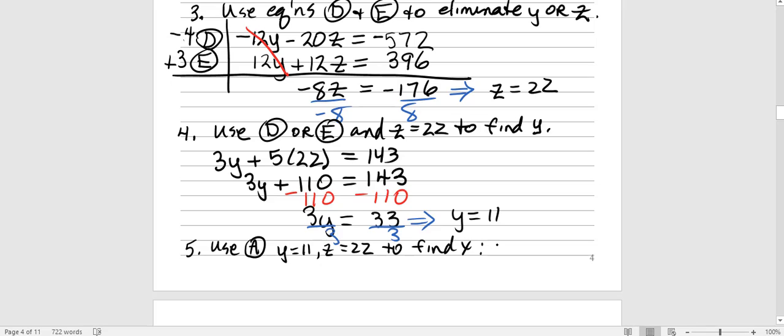So x plus 11 plus 22 is 45. x plus 33 is 45. If I subtract 33 from both sides, x is 12.